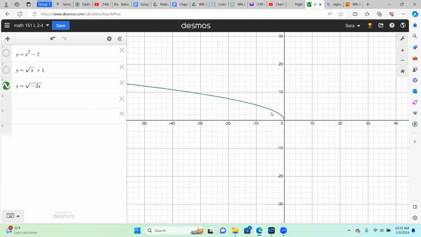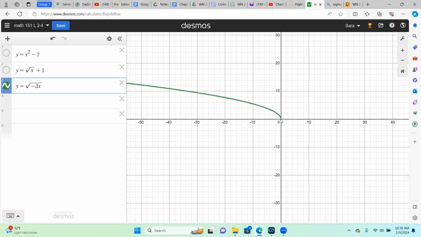And so I'm going to click on the smallest value here, and it looks like it's at 0, 0. So my x's, my domain is going to be anything less than up to 0. And it looks like my y's are going to be at 0 and only go positive because they go up, they increase.